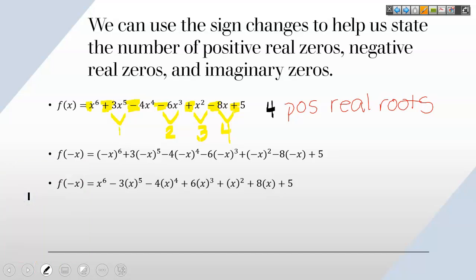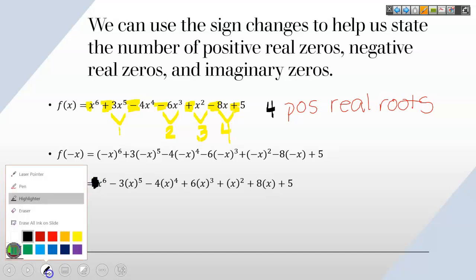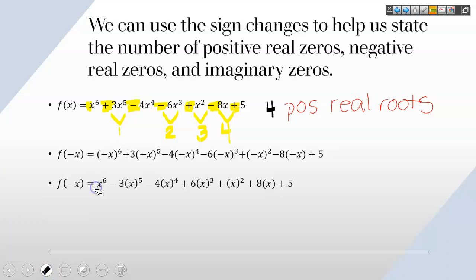So what we do is look for sign changes. That is positive to start. And this is negative, therefore a sign change. Negative, negative, no change. Negative, positive, a second change.